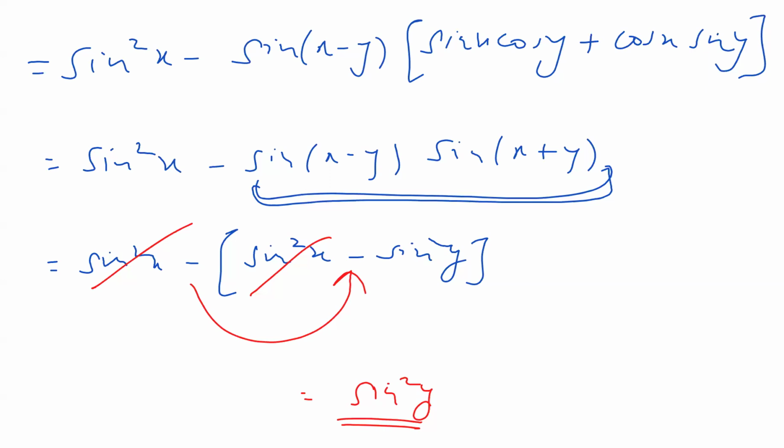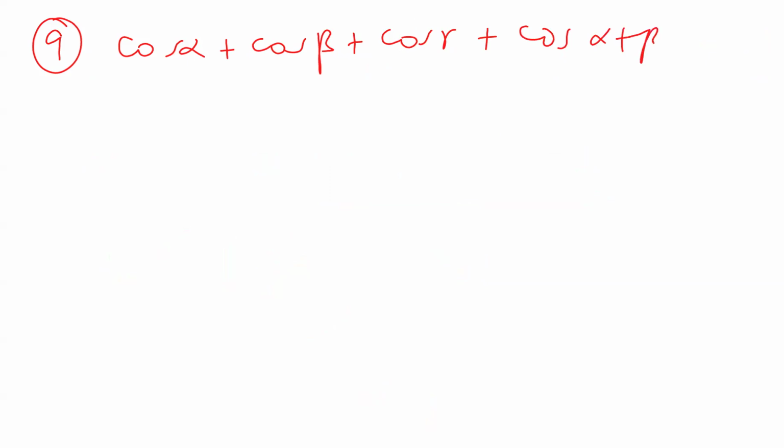Let's go ahead with question number 9. So cos alpha plus cos beta plus cos gamma plus cos(alpha plus beta plus gamma) is equal to 4 cos((alpha plus beta)/2) cos((beta plus gamma)/2) cos((gamma plus alpha)/2). So they require (alpha plus beta)/2.